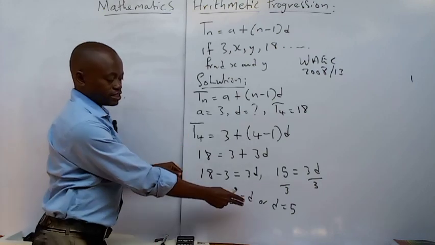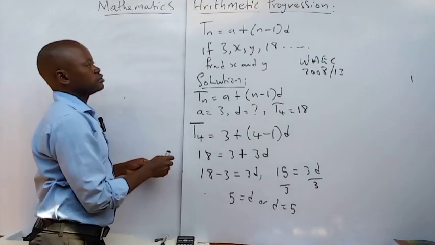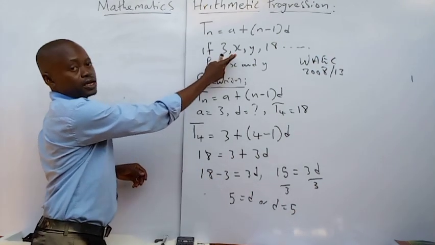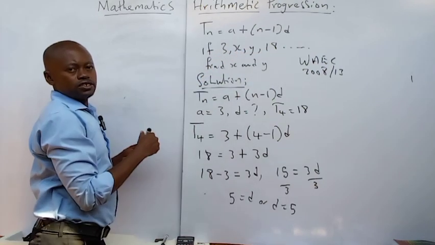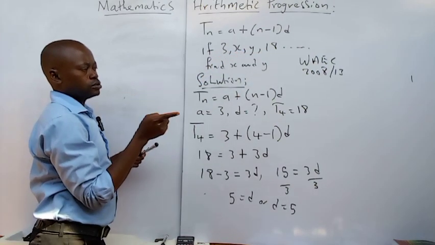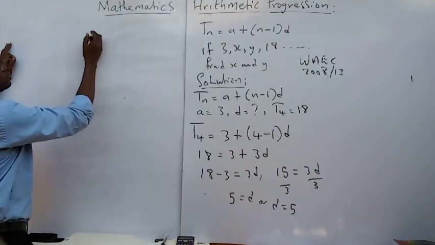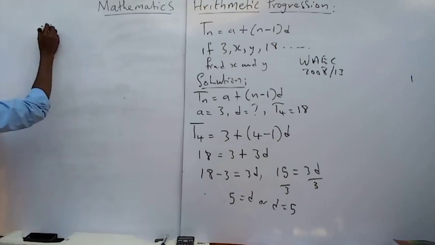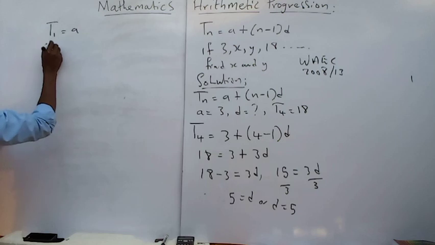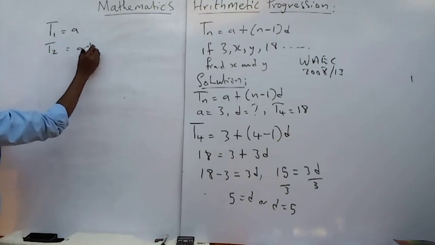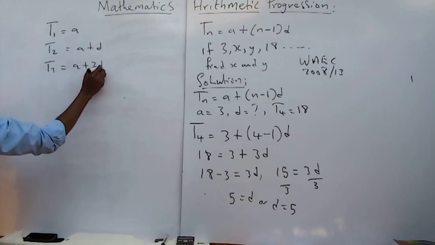Now that we have found that the common difference is 5, we can go back and use it to find the values of x and y. Do you remember, in Class 2, I explained that T1 is a, T2 is a plus d, and T3 is a plus 2d.